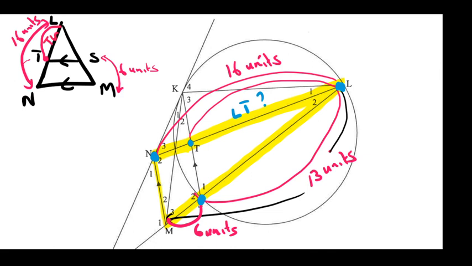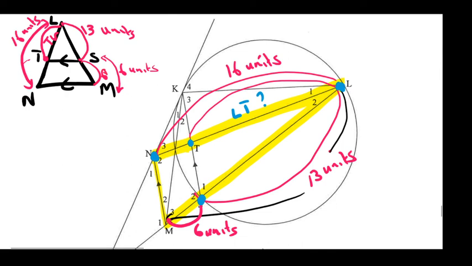And then from this side to this side, I have 13 units, right? And from here to here, I have 6. Cool. So I have all the information.